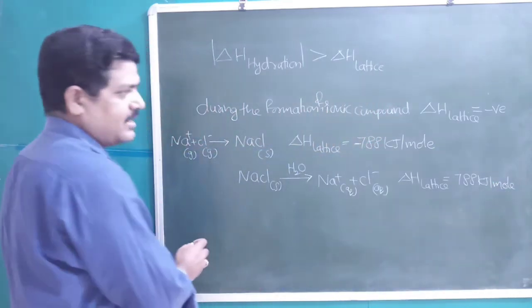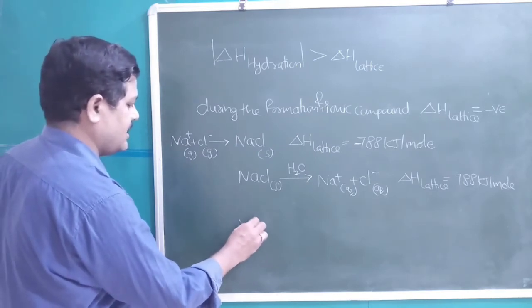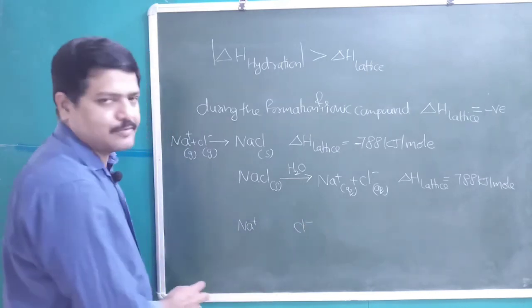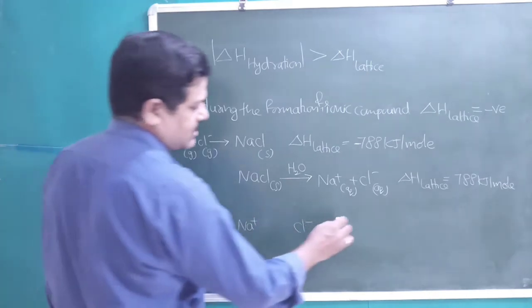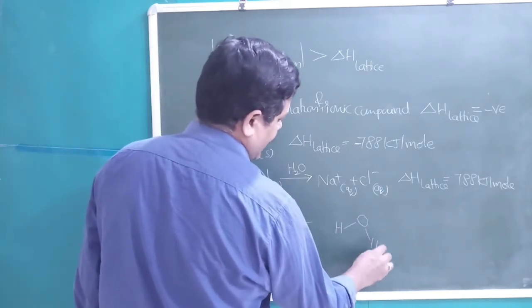And the hydration process is generally in the water, where Na plus ions are surrounded by many water molecules from the negative end of the water. So the water structure I am writing as OH.